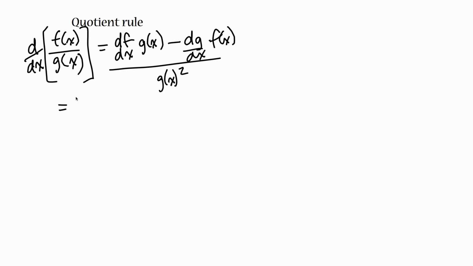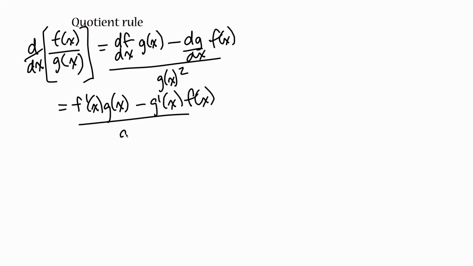And I think this is much easier in the prime notation, so it's f prime of x times g of x minus g prime of x times f of x all over g of x squared.